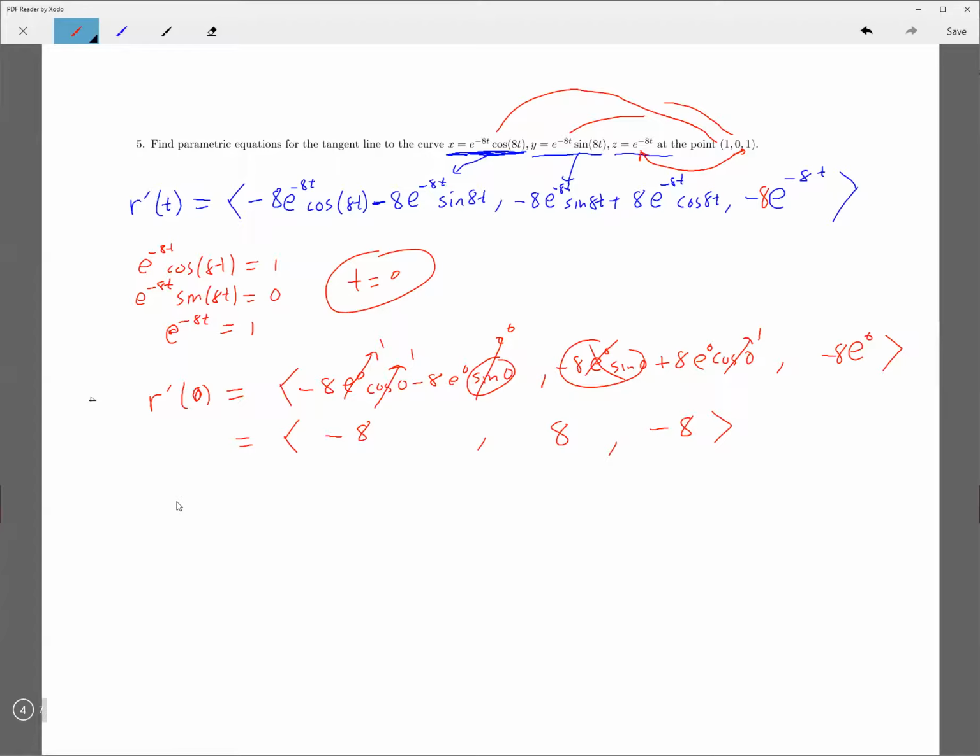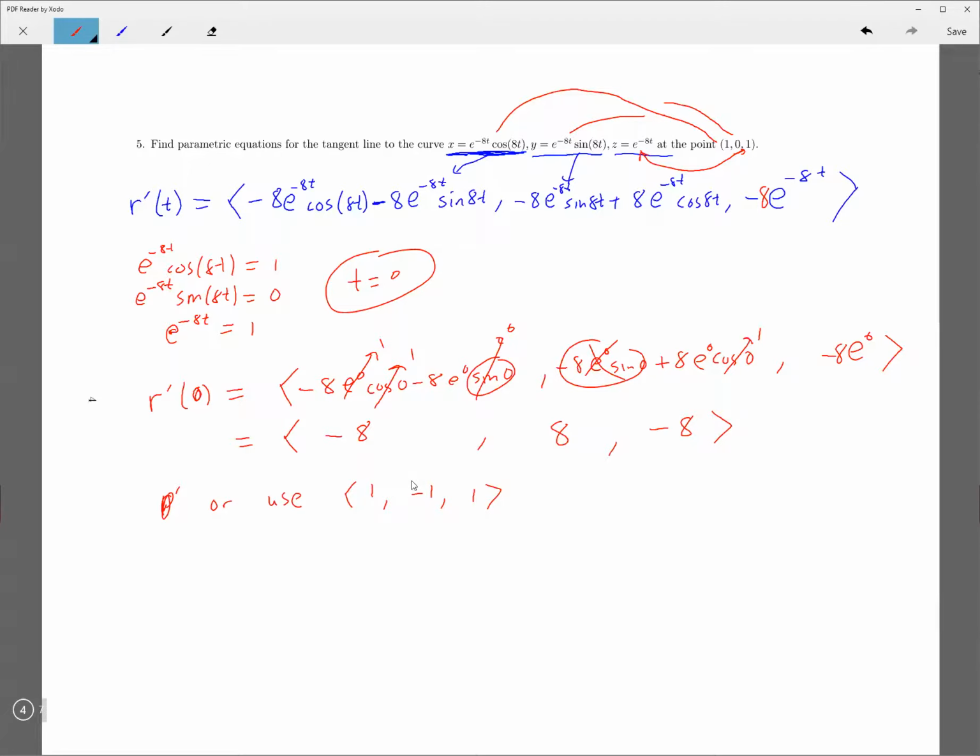But you can divide this whole thing by negative 8. So we could actually just use 1, negative 1, 1. If you divide everything by negative 8, we can always do that.